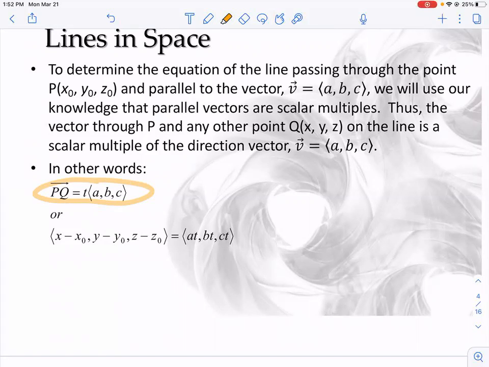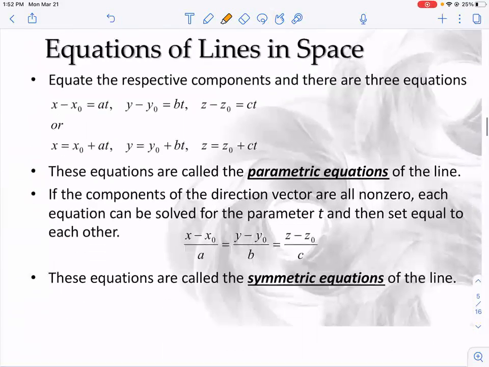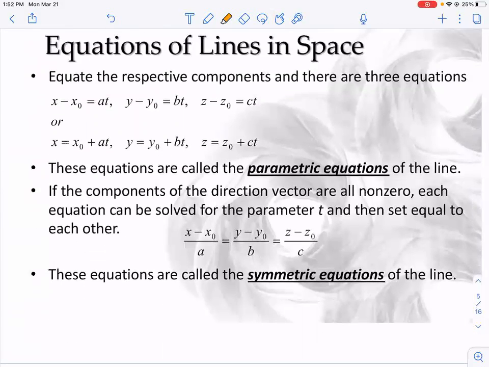So now look what we have. x minus x naught is the same as at. y minus y naught is the same as bt. When we set those equal to each other, this is what you need to write down. These are what we call the parametric equations for our 3-dimensional line.